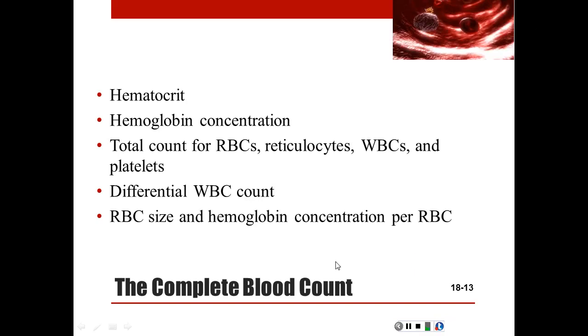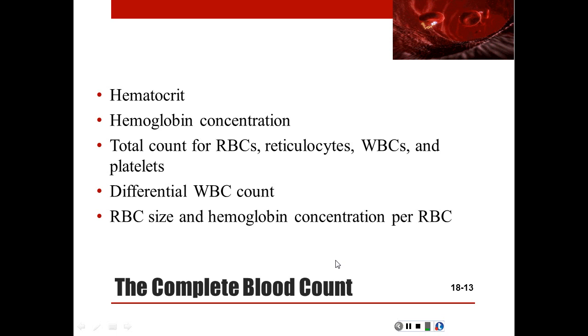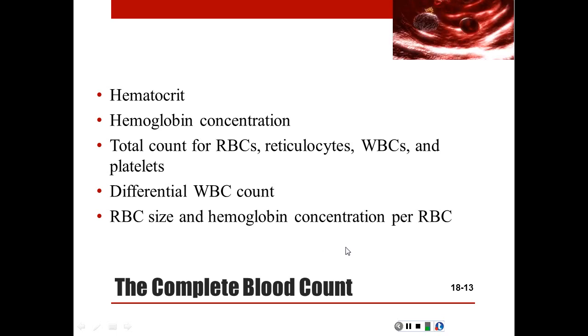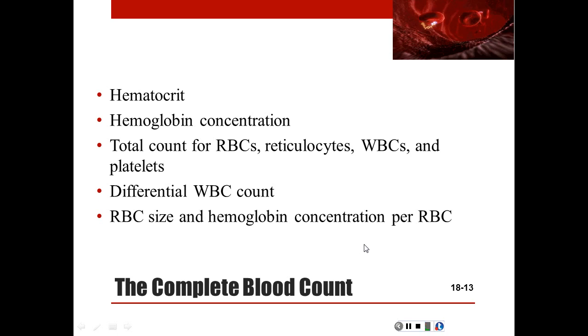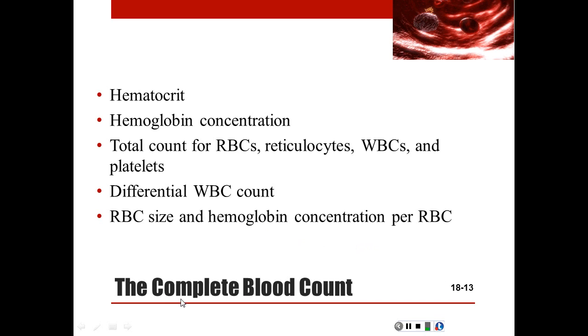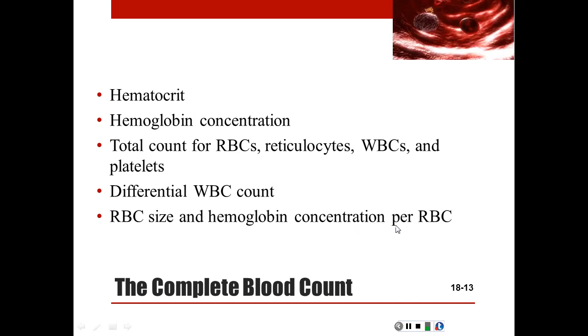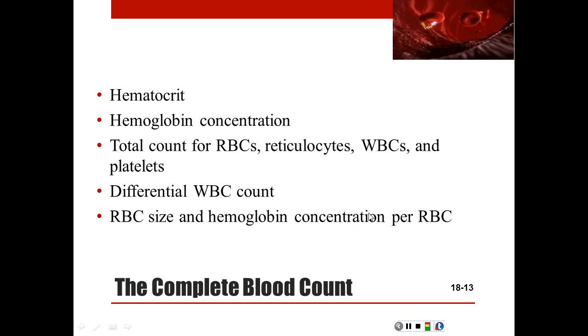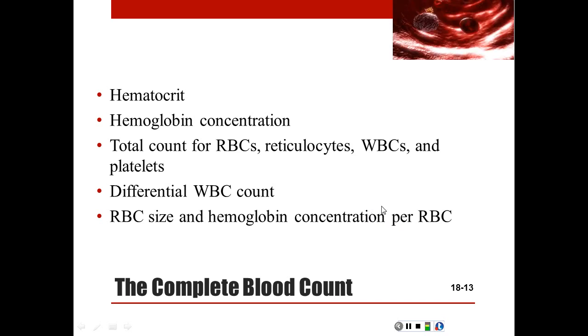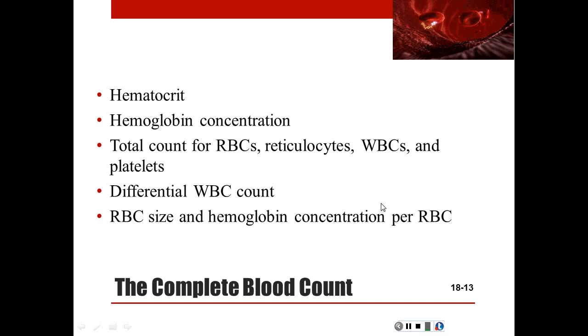The complete blood count is the most common clinical procedure used in both routine and physical examinations and in the diagnosis of diseases. When they obtain a CBC, they're able to determine the number of RBCs, WBCs, and platelets per microliter of blood, as well as the relative numbers of each white blood cell, which is the differential white blood count.